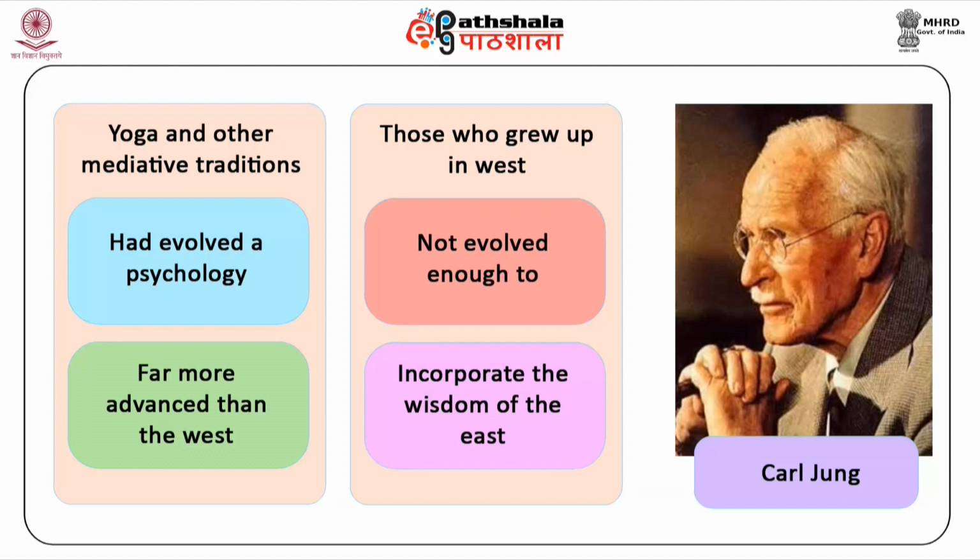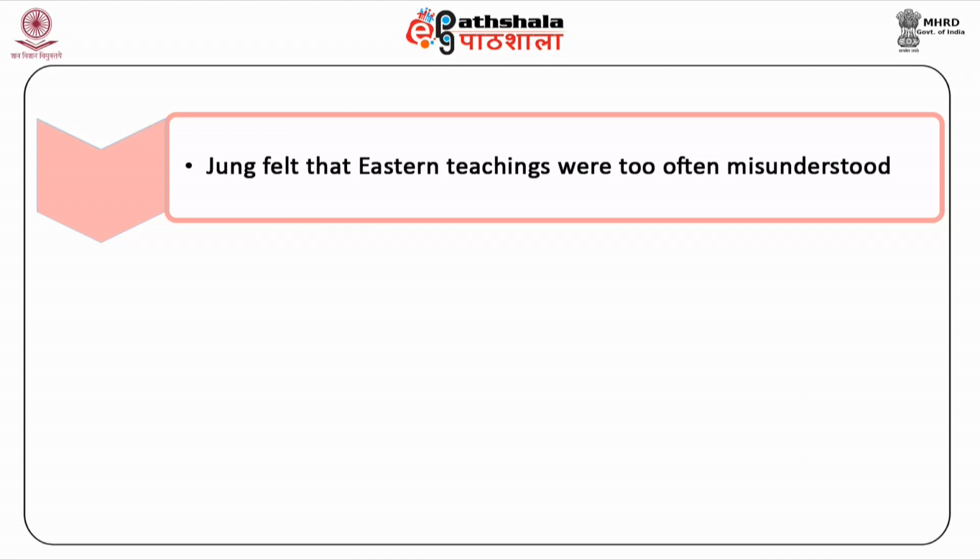"The philosophy of the East, although so vastly different from the West, could be an inestimable treasure for us too. But in order to possess it, we must first earn it." Jung felt that Eastern teachings were too often misunderstood. He observed his fellow Europeans adopting the trappings of Eastern spiritual traditions without truly appreciating the insights of those traditions.